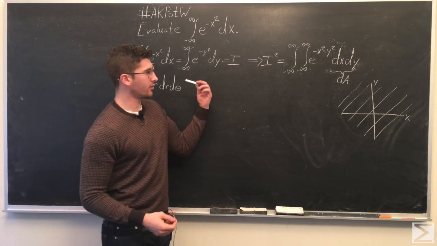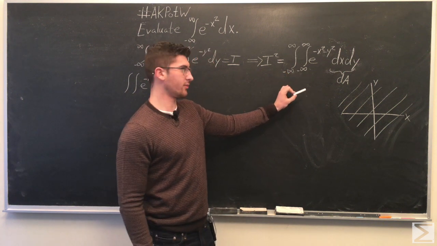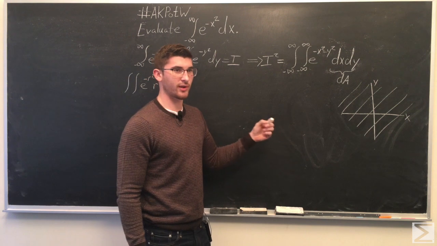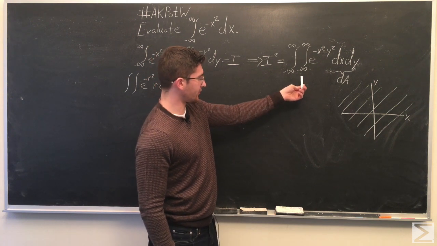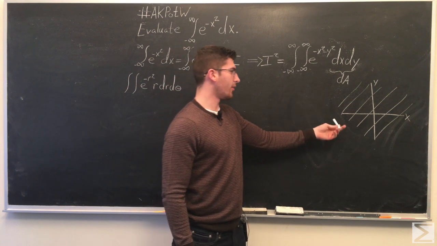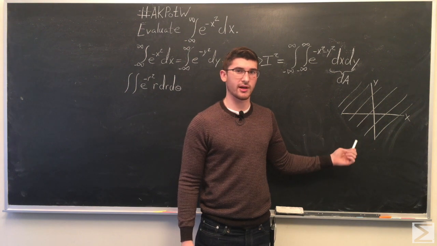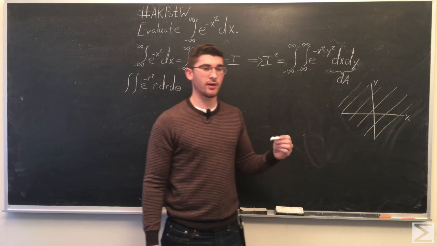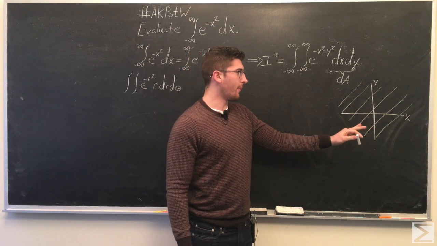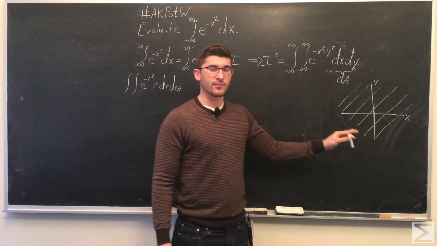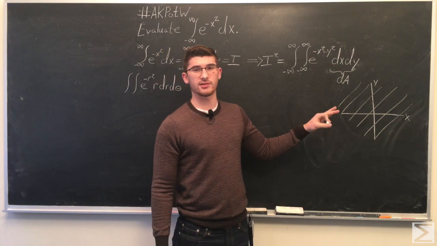I left the limits of integration blank because when we switch into polar coordinates, we have to make sure the limits describe the same space. We know we're talking about the entire xy plane. Something that describes the entire xy plane in polar coordinates is when the radius goes from 0 all the way to infinity, and theta goes from 0 to 2 pi.